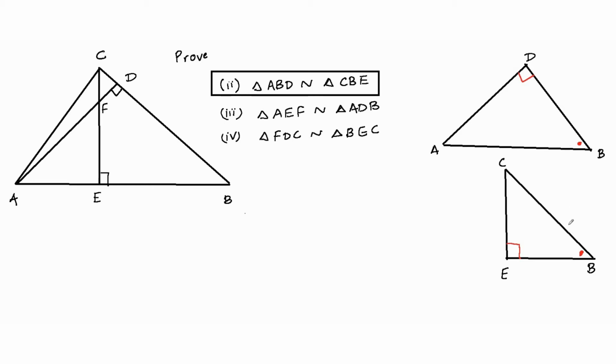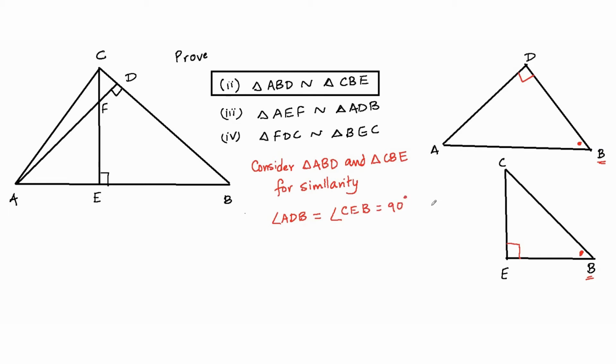So the concept used here was the concept of common angle. Again, not because the letter is same, but because the measure of angle B is same in both the triangles, right? So I would say consider triangle ABD and triangle CBE for similarity. So I can say that angle ADB is equal to angle CEB, that equals 90 degrees, and it is because this is given to me in the question.